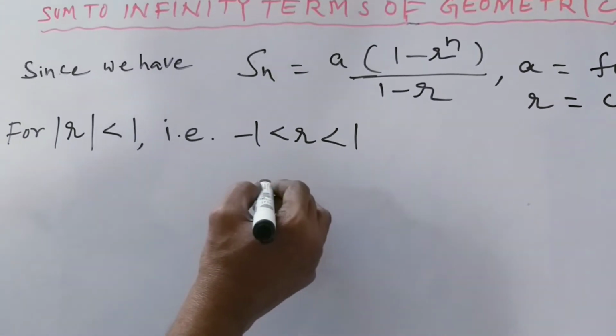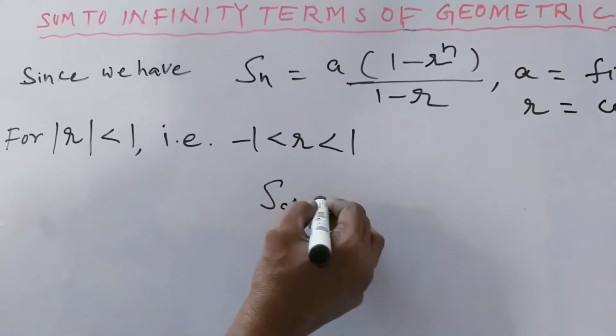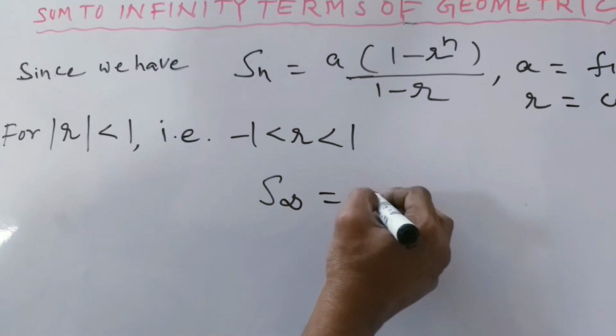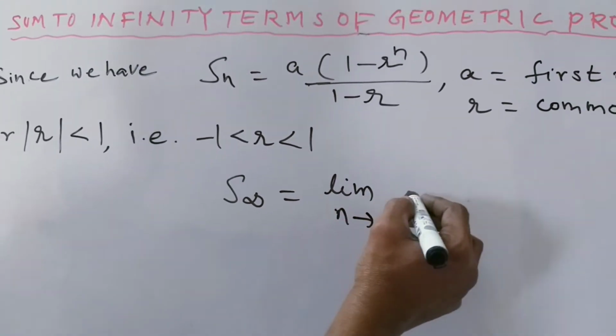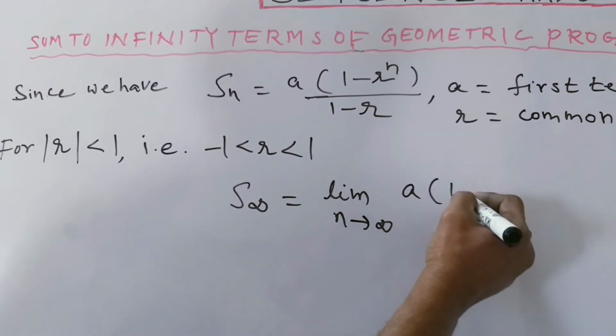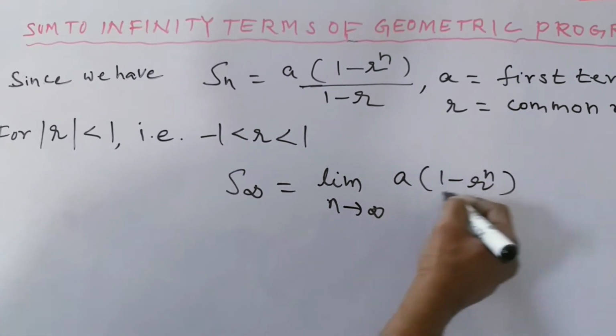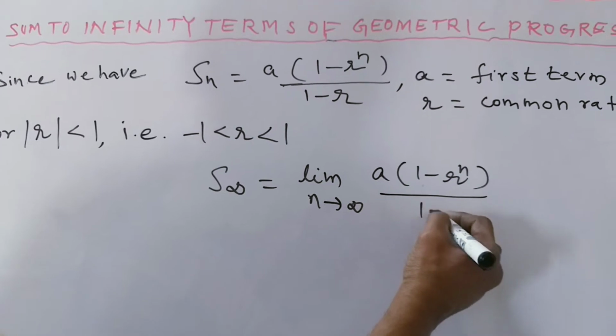So sum to infinity is equal to limit n tends to infinity A of 1 minus r to the power of n by 1 minus r.